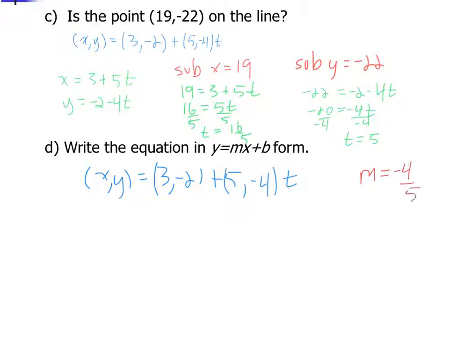Again, it's delta y over delta x, remembering this is the y component of the direction vector, and that's the x component. So negative 4/5. Then all we need is the y-intercept. What we need to note is that for every y-intercept, the x-coordinate is 0.